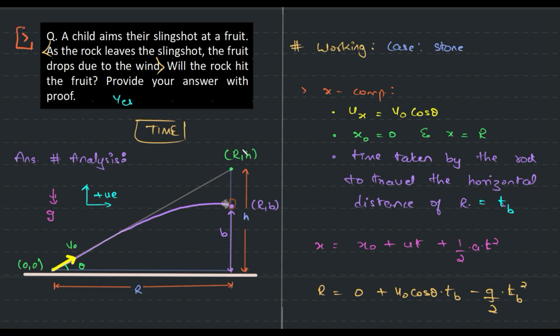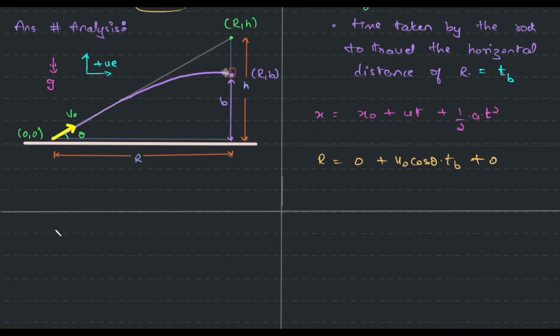Oh sorry, there's no acceleration due to gravity over here, my bad. This is 0 plus 0. So our tb, the time that the rock travels this distance, will be R by v naught cos theta, right guys?